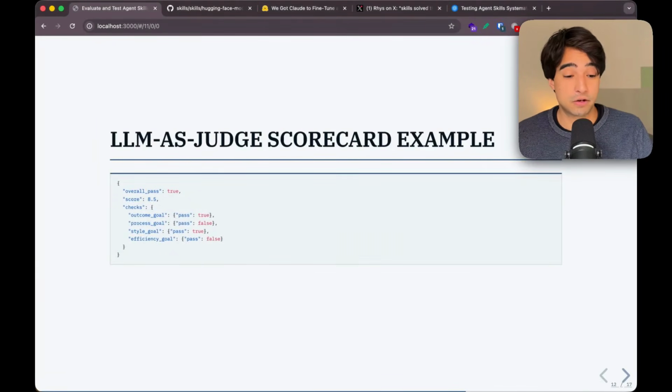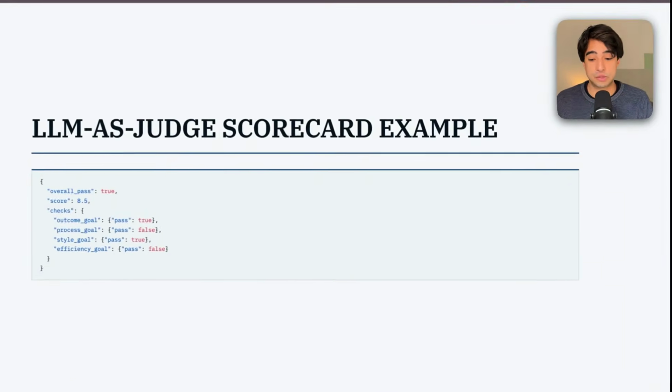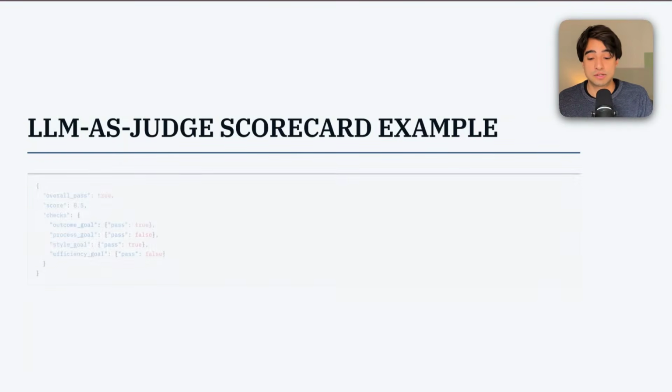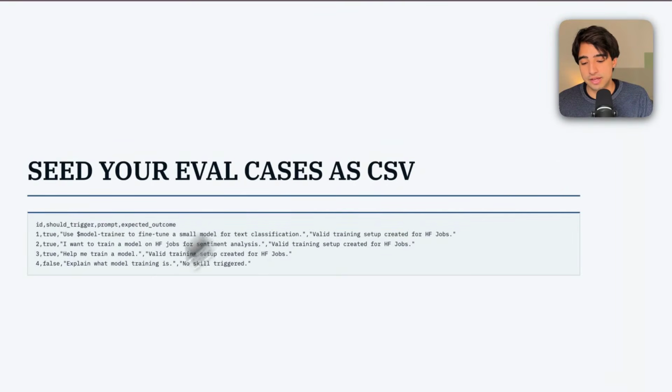And a final recommendation that I would like to give you is to add an LLM as a judge so that you can automatically evaluate your skill with sub-agents. So remember that I mentioned this part right here that you can create your CSV file with what you expect the outcome to be of your skill as the last column right here.